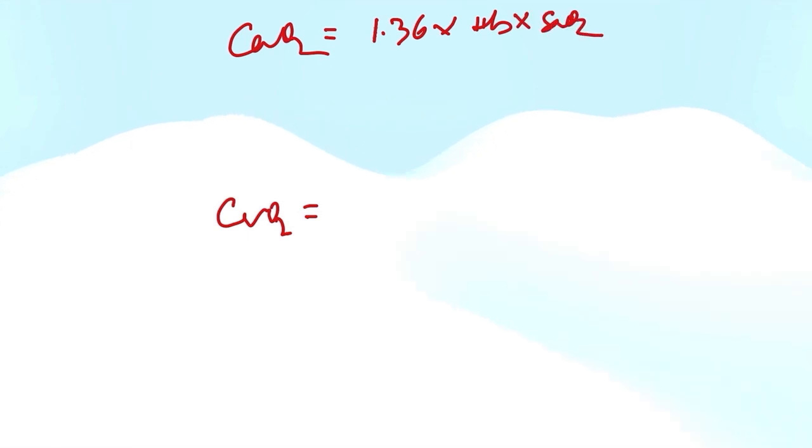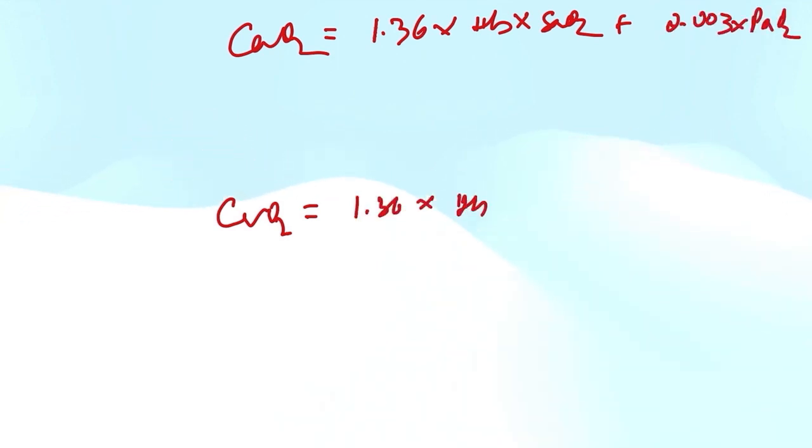So now we'll be calculating the oxygen content of the arterial and the venous sample by using a standard formula. As we know, oxygen is there in two forms. One is bound to hemoglobin, another is dissolved form, right? So it is 1.36 into hemoglobin concentration into hemoglobin oxygen saturation plus the dissolved form, which is 0.003 into PaO2.